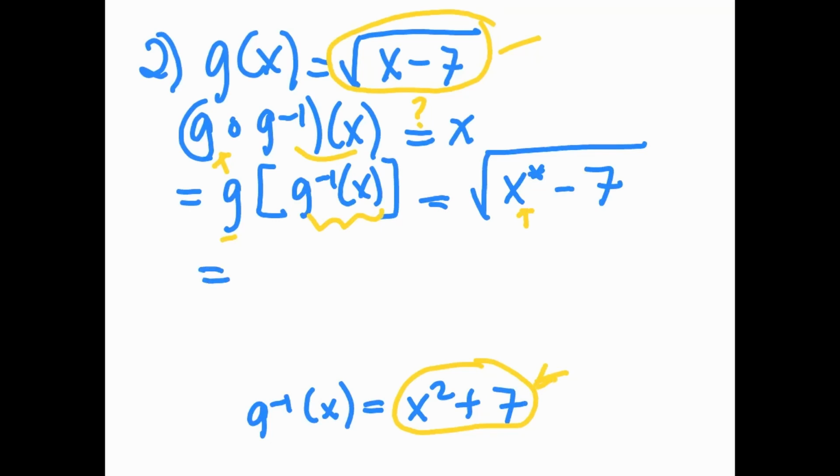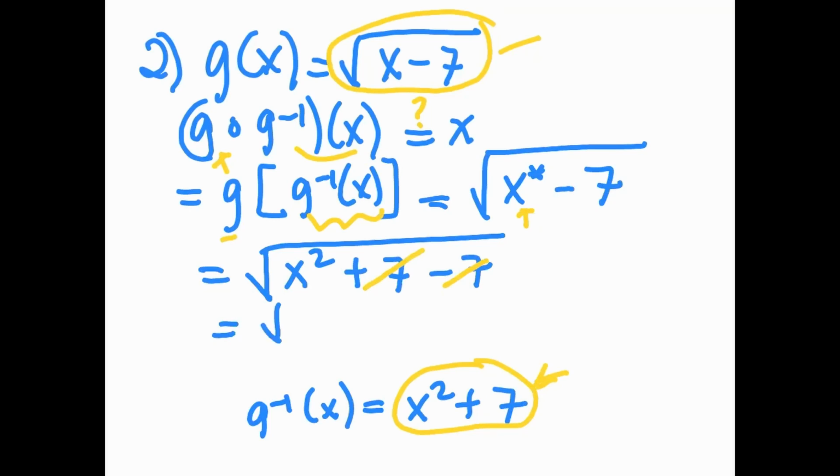So the next step will be the square root of x squared plus 7, minus 7, right? And simplifying further, 7 minus 7 is 0, and this will now be the square root of x squared, which will in turn be equal to the variable x.